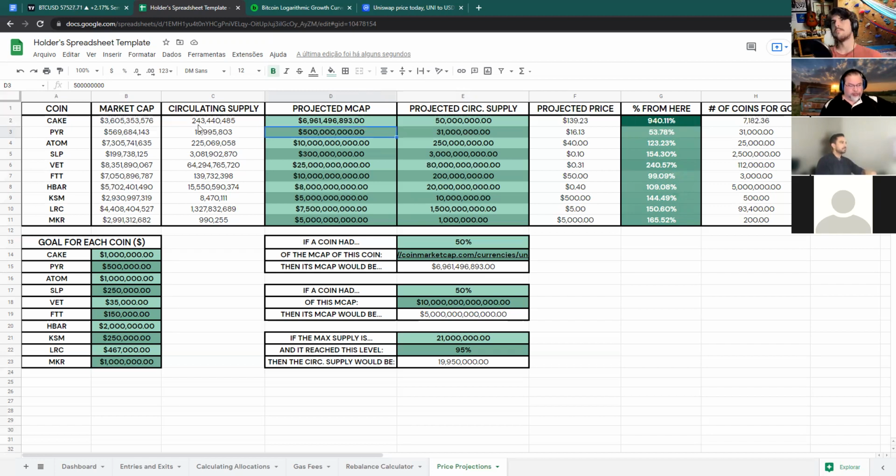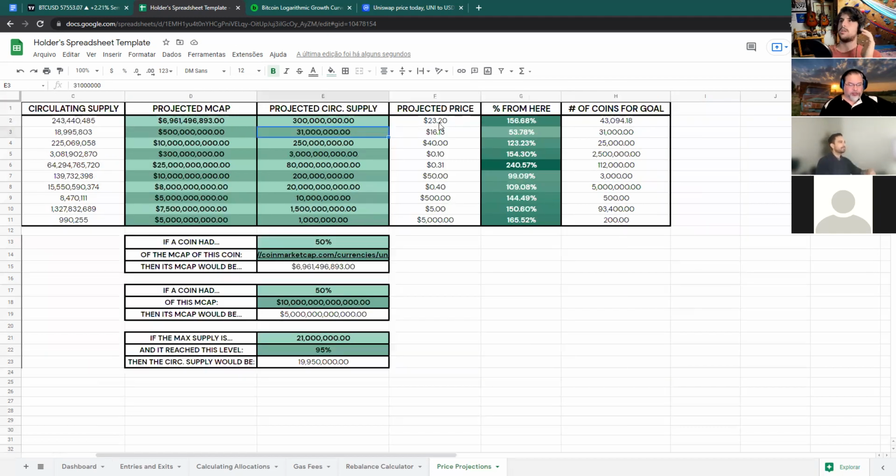But since it's currently at 243 million, let's say it increases a bit to 300 million. So if it has that market cap and that circulating supply, then the price would be approximately $23.20. And that's the simplest way of projecting a coin price into the future.